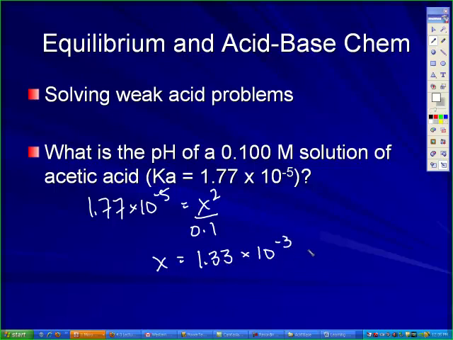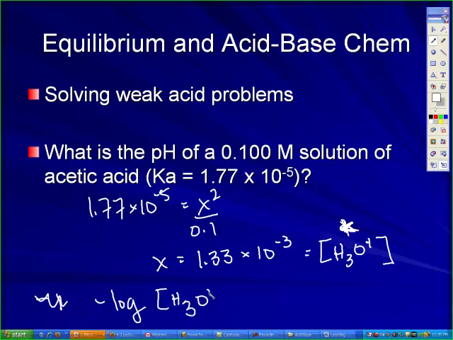And what is X? X is the concentration of H3O plus. This is important. I know it might seem obvious right now, but maybe later, you've got to know what that represents. That X represents H3O plus. It also represents Ac negative 1, but for pH, who cares about Ac minus? We care about H3O plus.